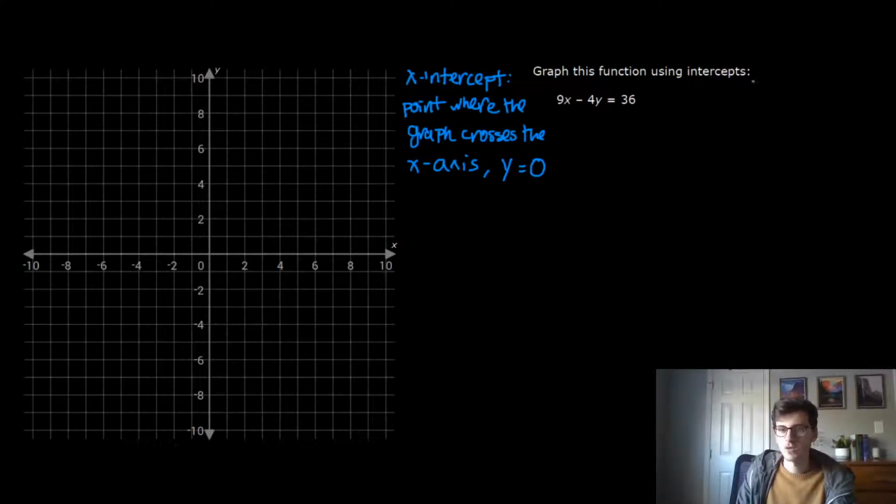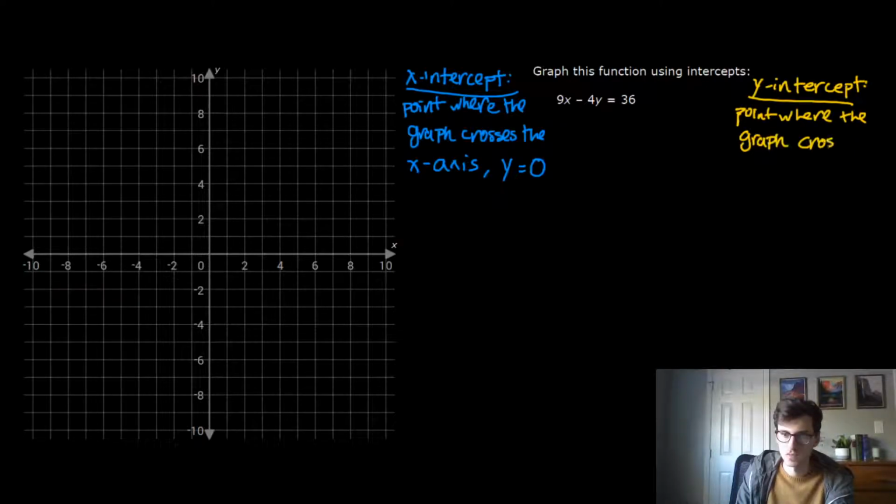Okay, what about y-intercepts? Well, it's kind of the same but different, right? So we had our x-intercept and our y-intercept. That's the point where the graph crosses the y-axis.